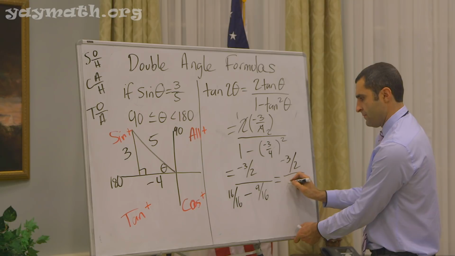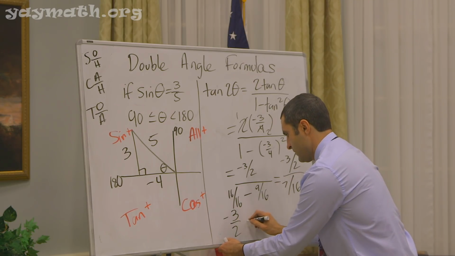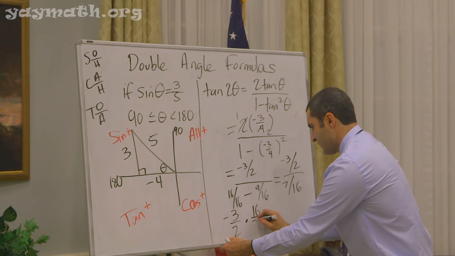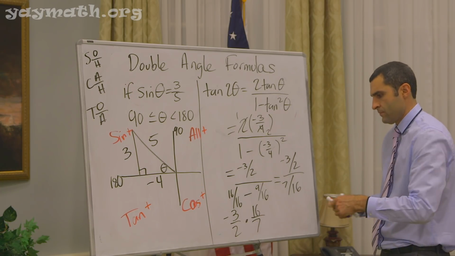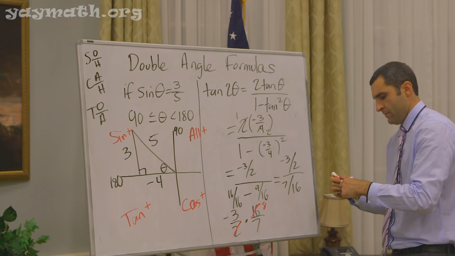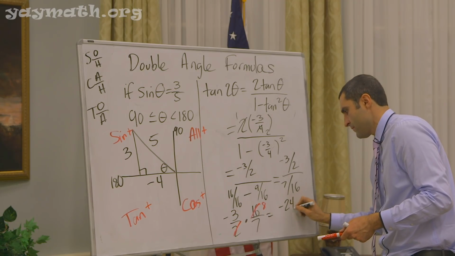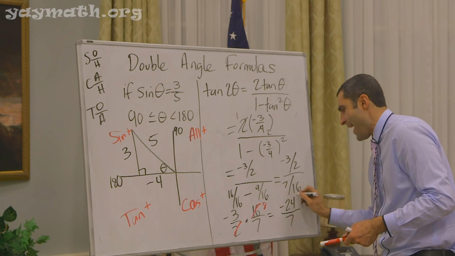That's the same as negative 3 over 2 times 16 over 7, which you can simplify: 2 into 8 is 1 and then 8, and then it's negative 24 over 7. Bravo.